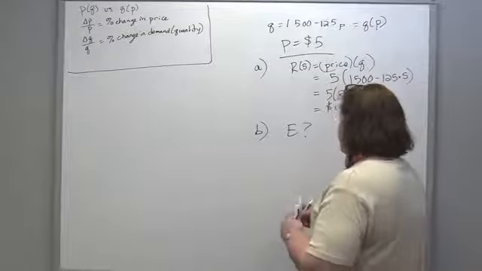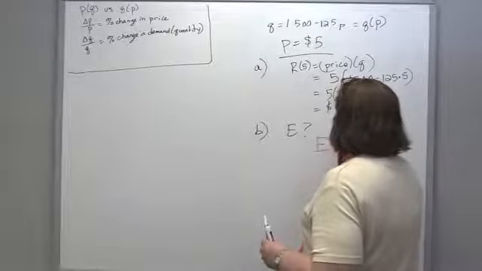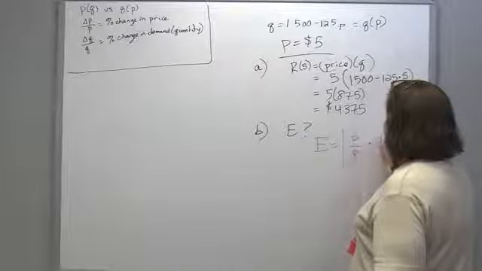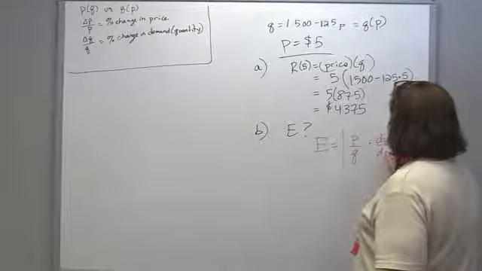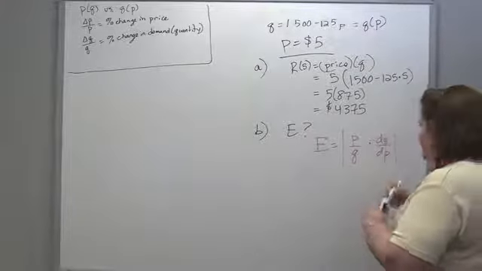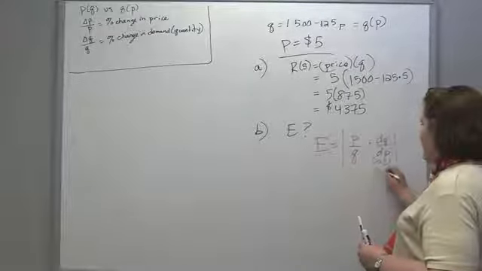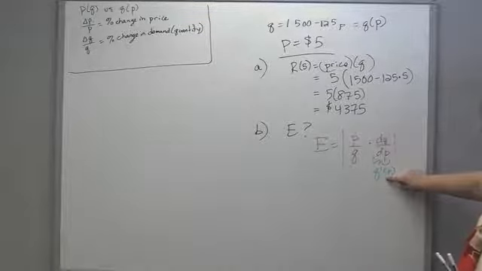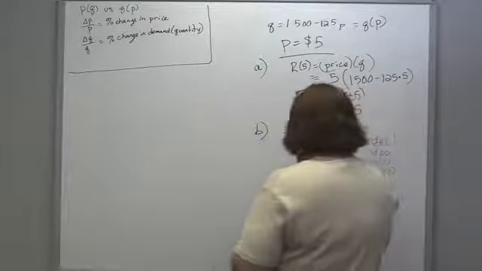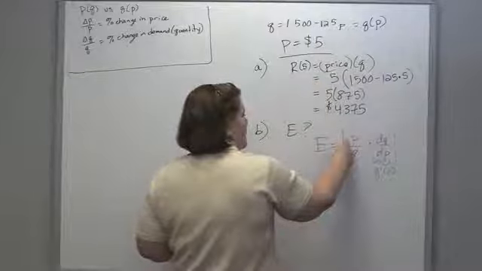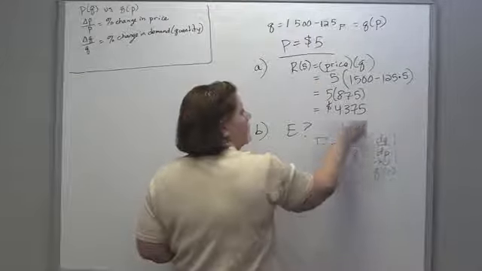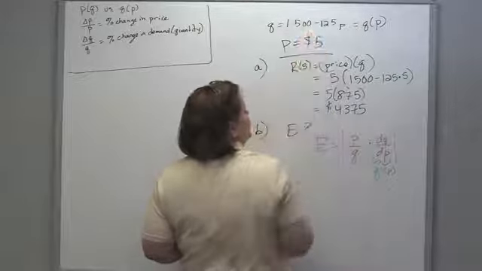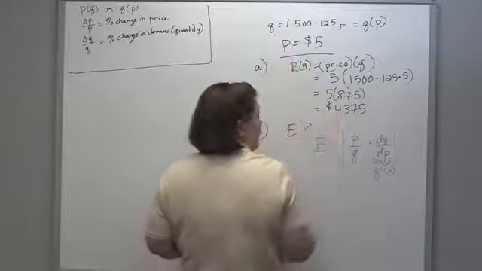We're going to use the original formula. Elasticity is the absolute value of P over Q times dQ/dP. This is fancy Leibniz notation for the derivative of Q when we're using P as our variable, and we take the absolute value. In our case, P is $5, and Q, which we got by plugging into our original demand function, is 875.